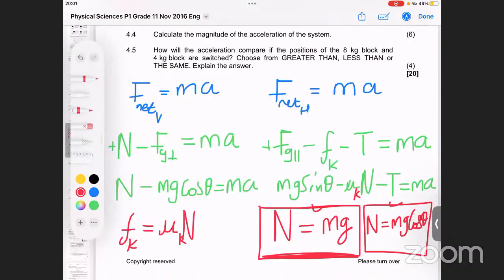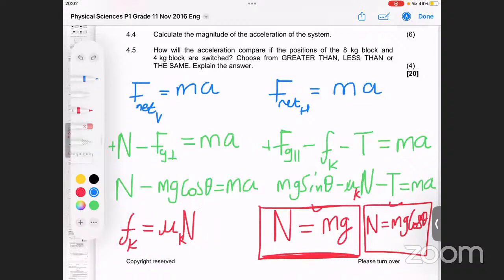So that means N is equal to FG. So in short, this is the formula that we're going to use, by the way.